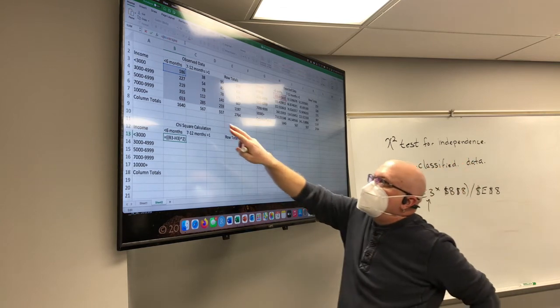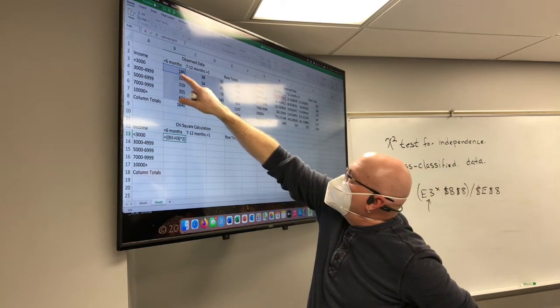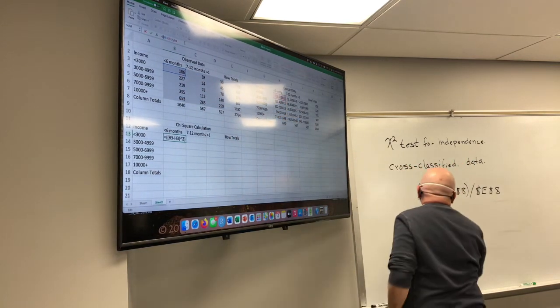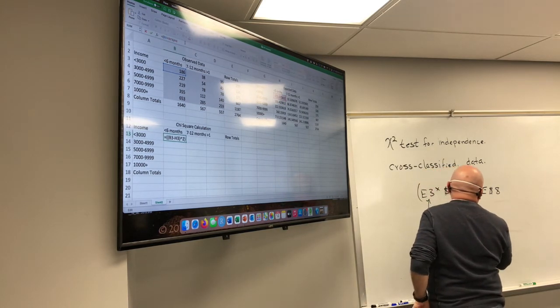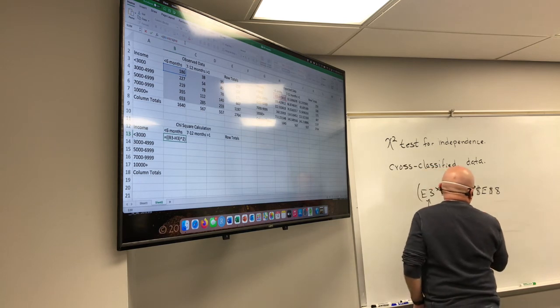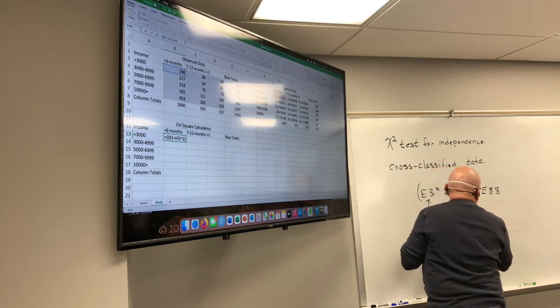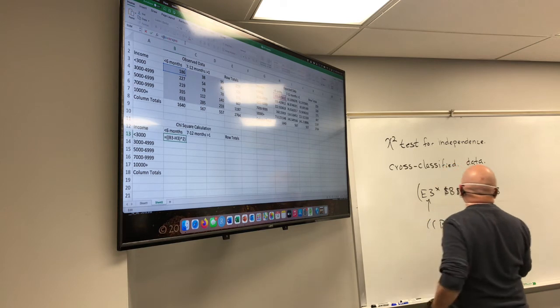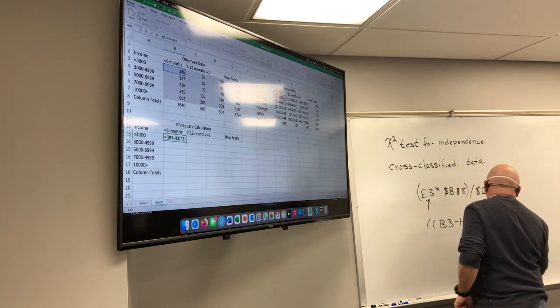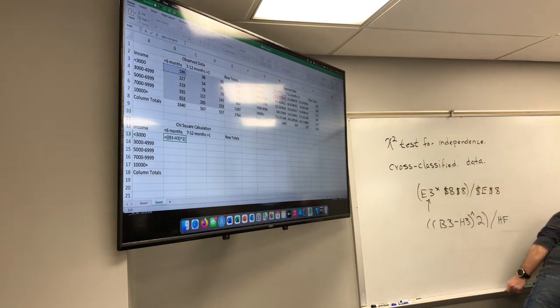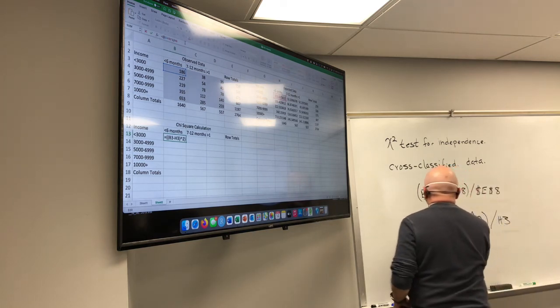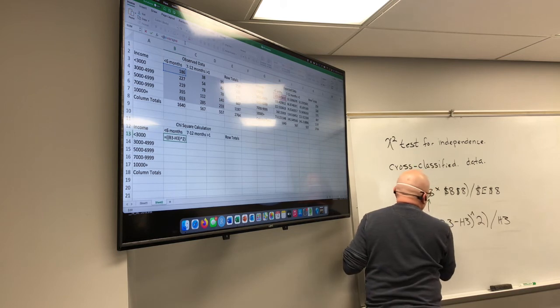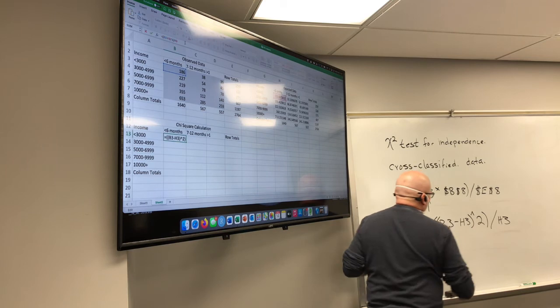This is in row 3, B and H. So it's B3 minus H3. Close that parentheses, raise it to the square, close that parentheses, and then divide it by the expected, which is H3. So this is my equation based on my cell references in my spreadsheet.